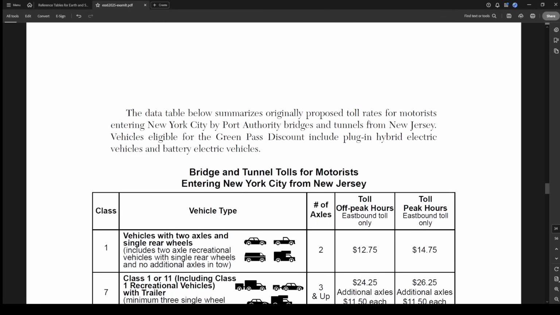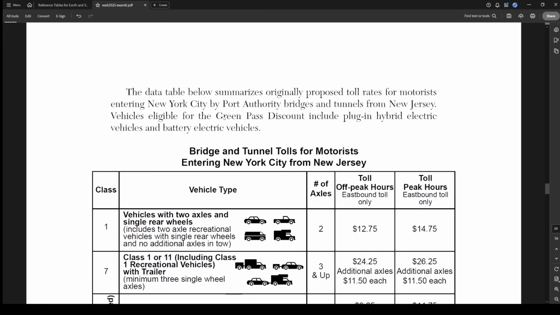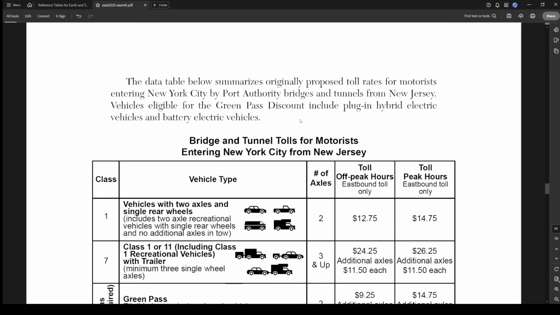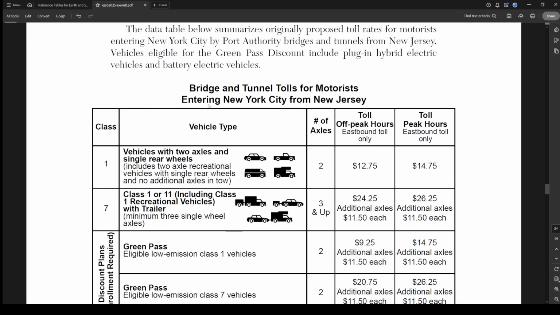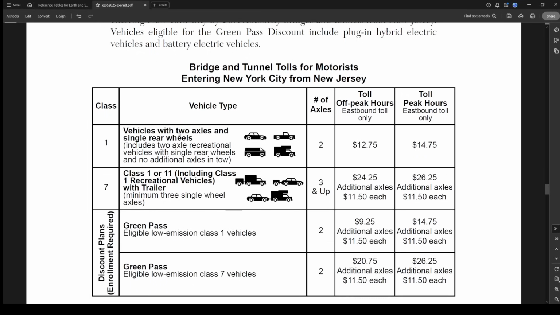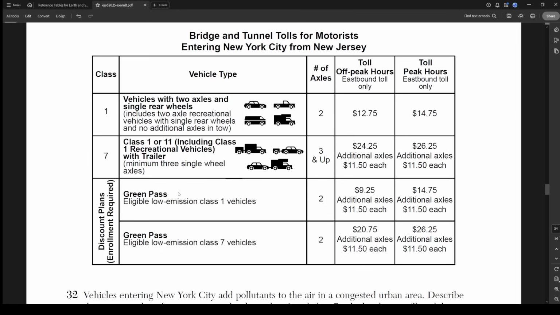All right. The data below summarizes the originally proposed toll rates for motorists entering New York City by Port Authority bridges and tunnels from New Jersey. Vehicles eligible for the Green Pass discount include plug-in hybrid electric vehicles and battery electric vehicles. Okay. So this is tolls, and it has to do with Green Pass.